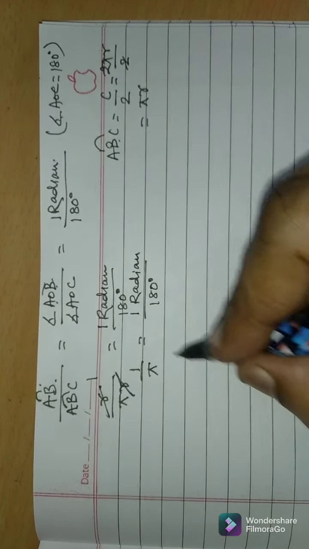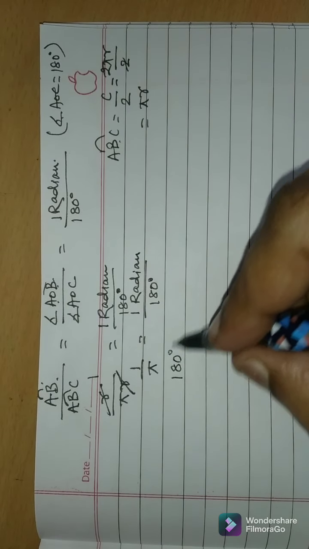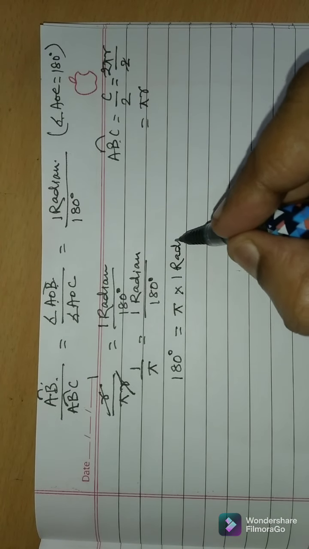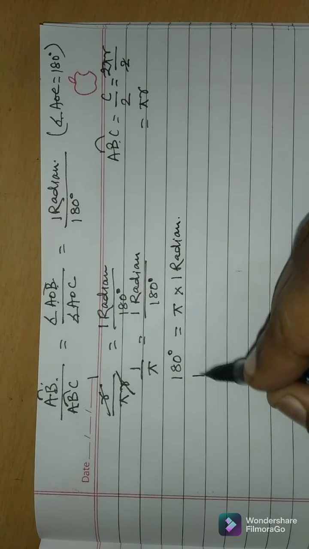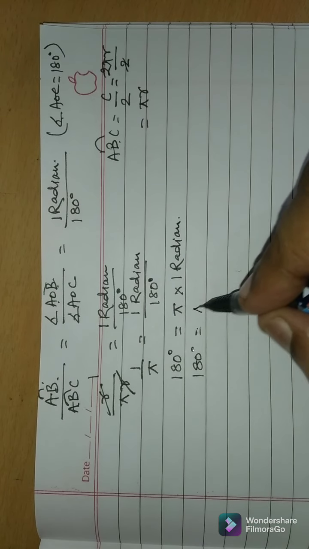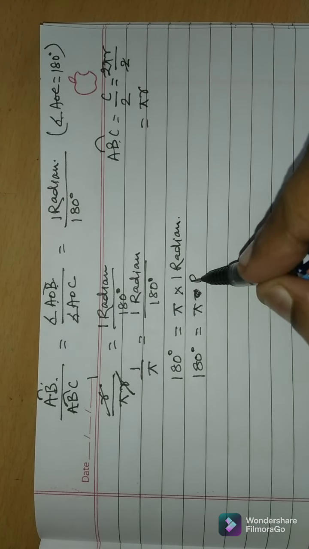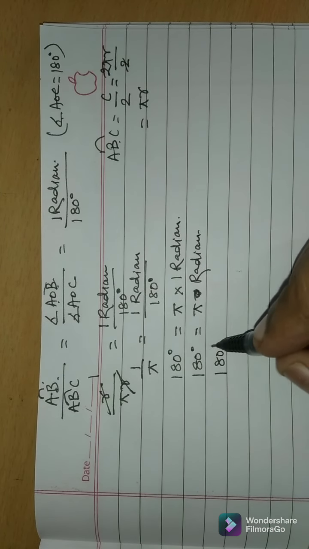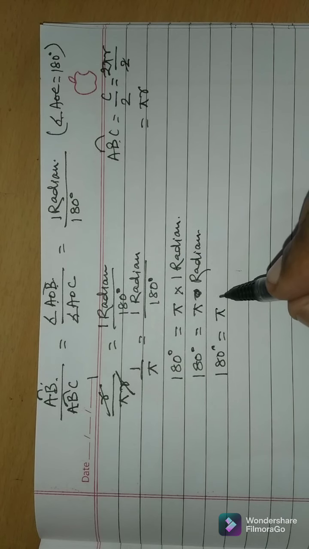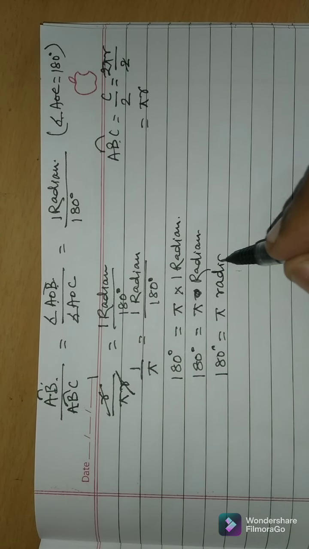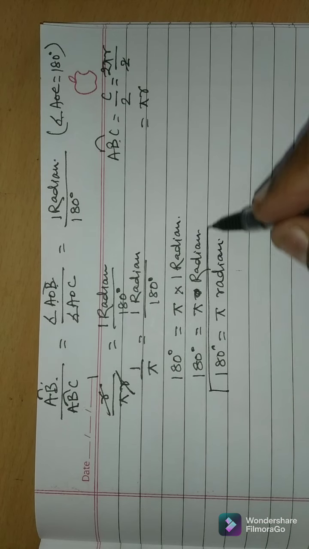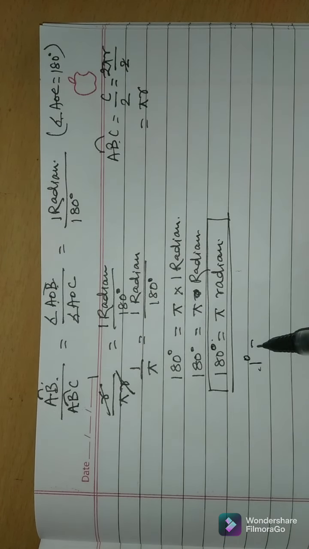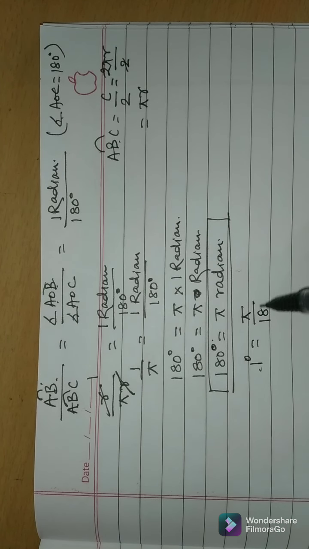Now do the cross multiplication. 180 degree is equal to pi into 1 radian. So therefore 180 degree is equal to pi radian. I am writing small pi by small letter, it does not have any problem. So 1 degree is equal to pi by 180 radian.